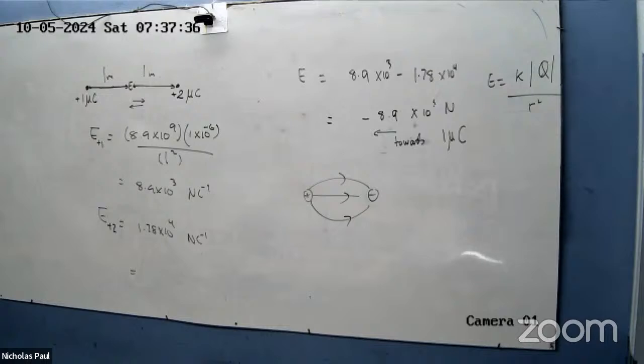Find the position along the x-axis where the electric field strength is 0.